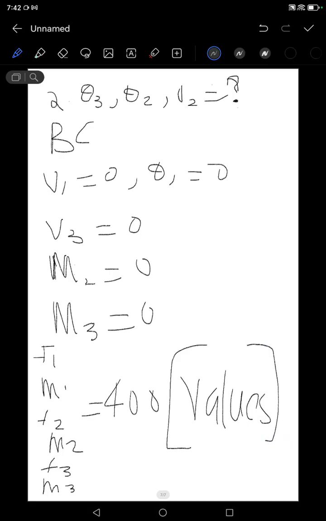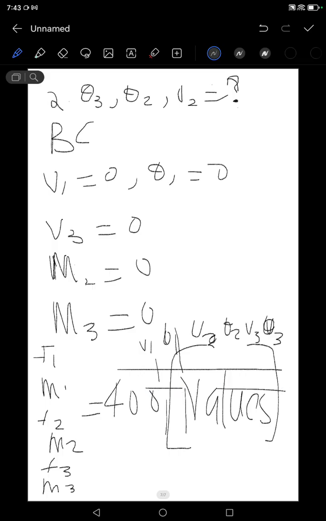After writing the values, remember we had V1, theta 1, V2, theta 2, V3, and then theta 3. Now V1 is 0, so wherever there's V1 we're going to cancel, and wherever theta 1 is, we also cancel those values. We're looking for V2, theta 2, and V3 is also 0, so wherever there's V3 we cancel, and we're left with theta 3.